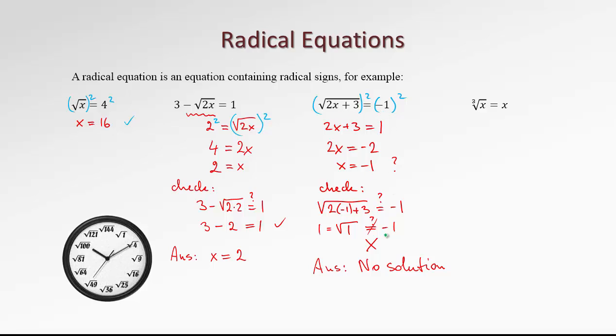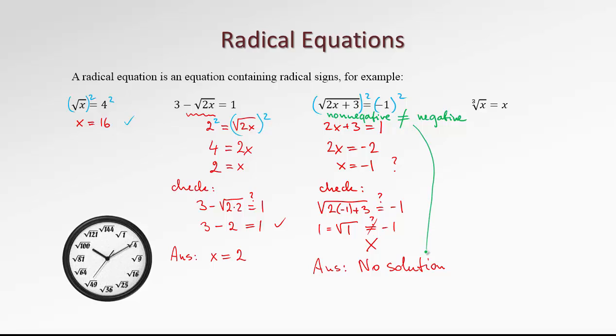Notice that we could come up with this answer in the very beginning without doing all these calculations. It was enough to observe that on the left-hand side we have a root of something which is never negative, so it's non-negative. And on the right-hand side, we have something that is negative. Obviously, a number that is positive or 0 is never equal to negative.